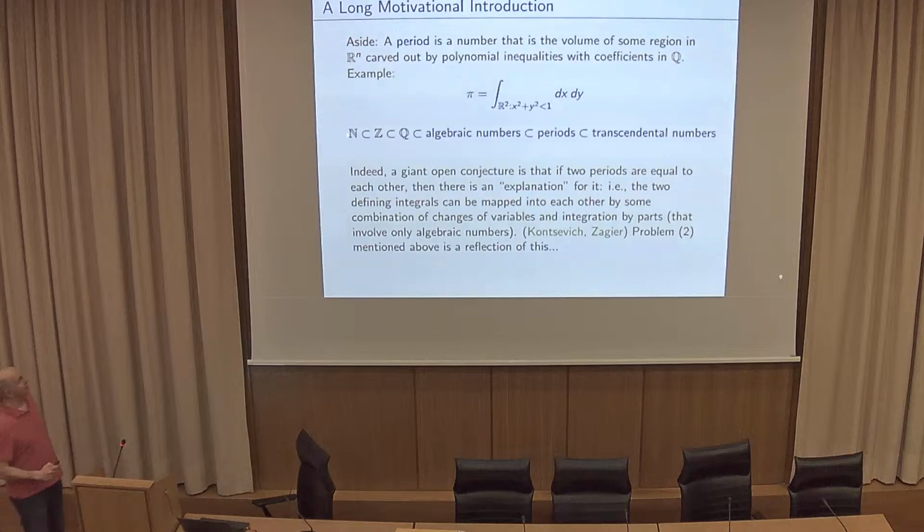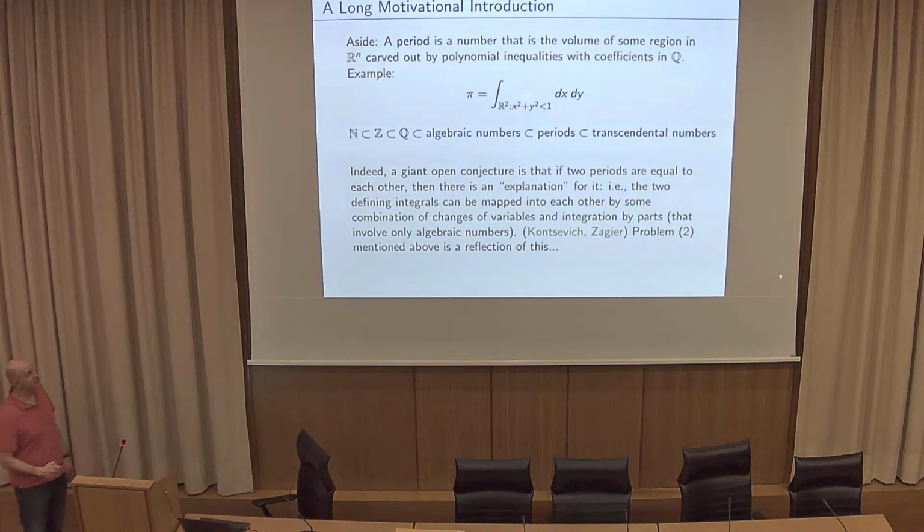So here we have natural numbers contained in integers, contained in rational numbers, contained in algebraic numbers, contained in periods, contained in transcendental numbers. So a period is any number that's the volume of some region in Rn that you can describe with polynomial inequalities with rational numbers. So for example, pi is a period because it's the area of a circle.